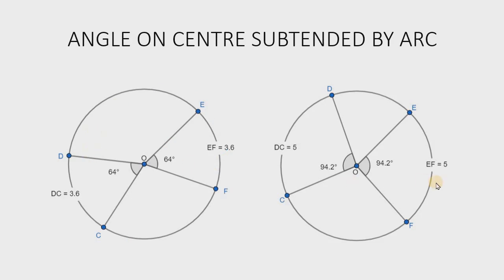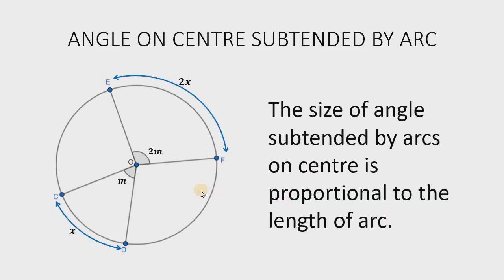Sorry, this is an example. The angle is the same, the length of arc is the same. Then we see if the length of arc is double from another, the angle will also be double from another. So the length of arc EF is 2x, CD is x. So that means EF is double from CD.